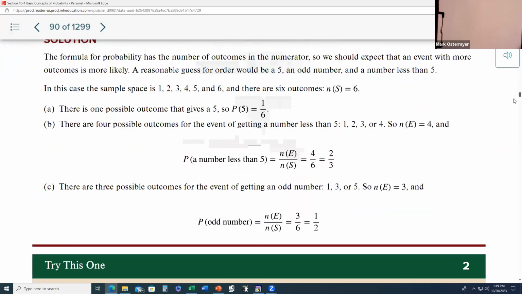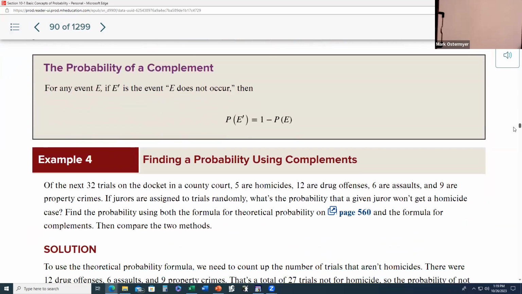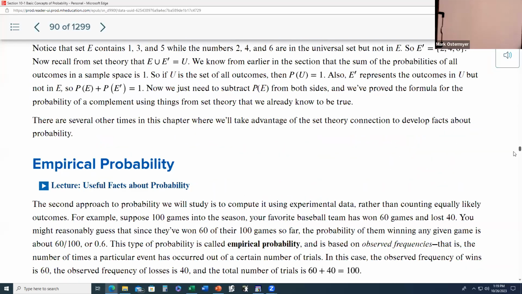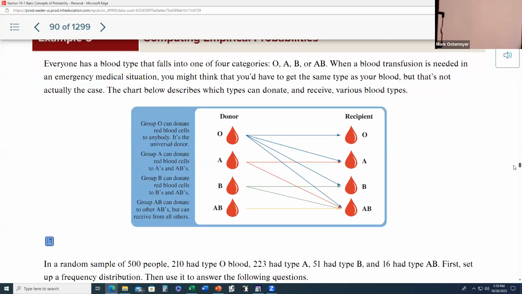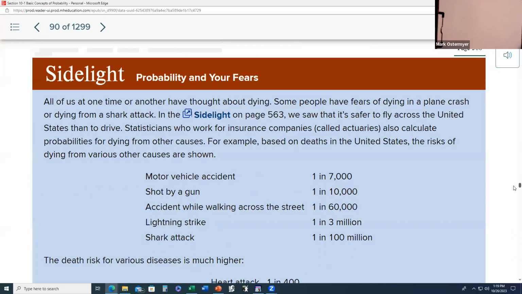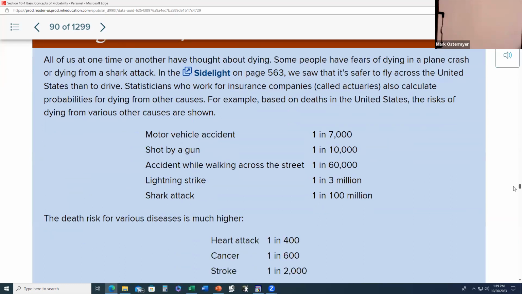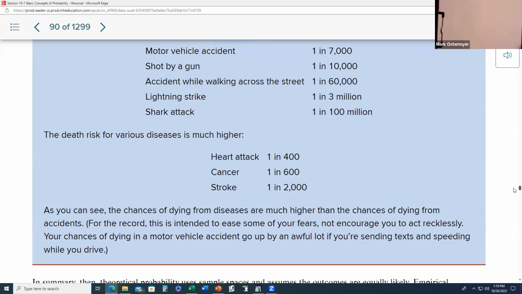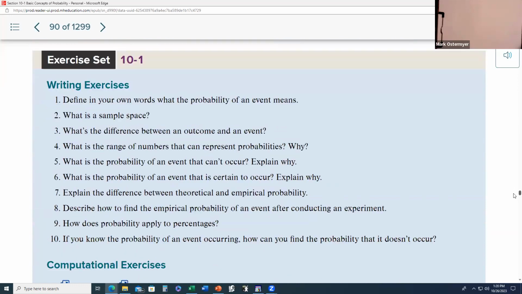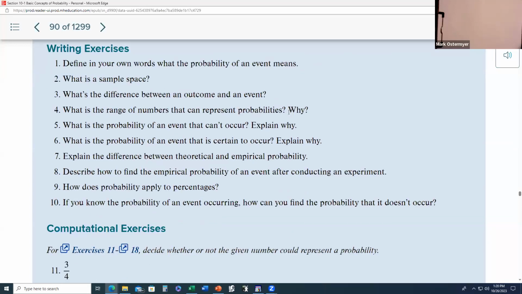They give some examples that were not covered in the lecture. Okay, so let's see if we can do a couple problems here.